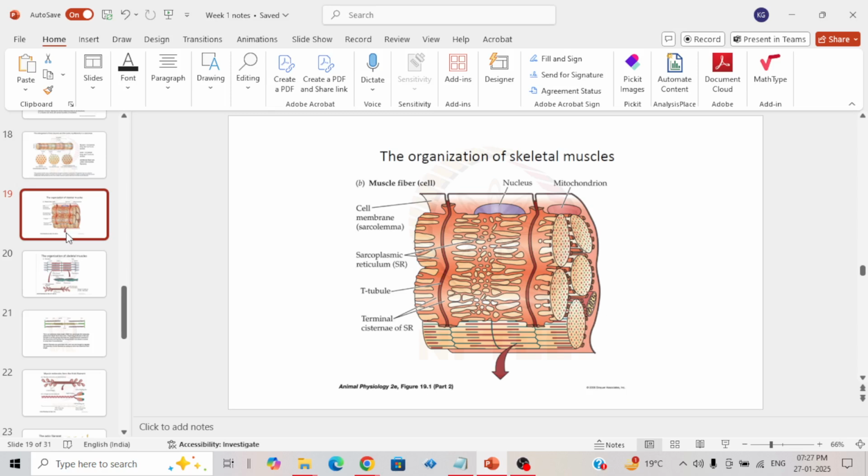The passage of stimuli. Yes. The function of T tubules is to pass the signal inside to the myofibrils for the contraction of sarcomeres. T tubules send the signal inside that it is the time for contraction of the muscles.